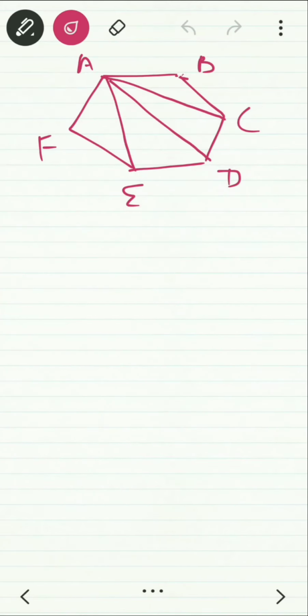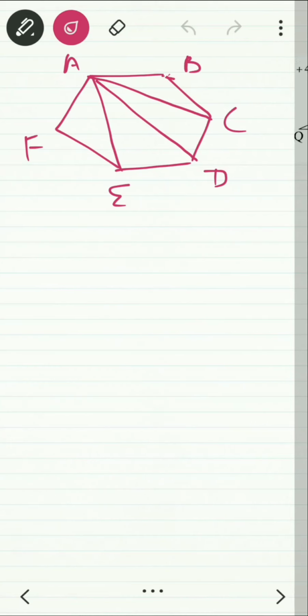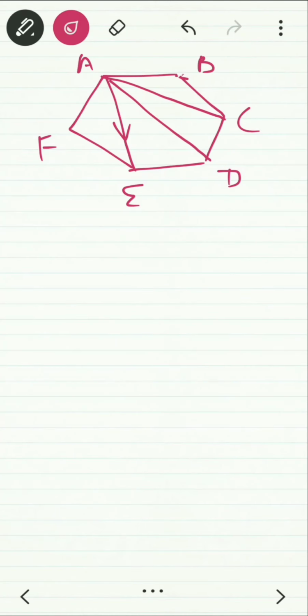Similarly, we can also say AE plus ED, which also comes out as AD.